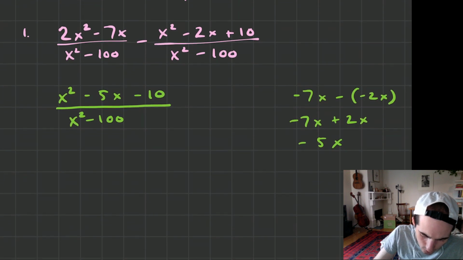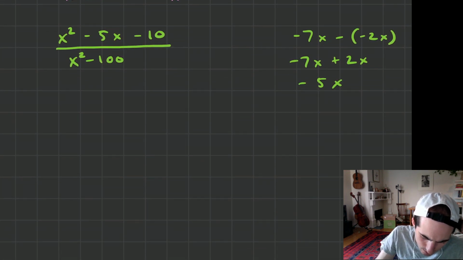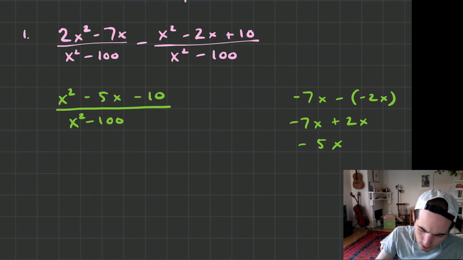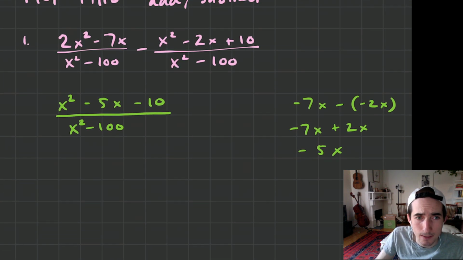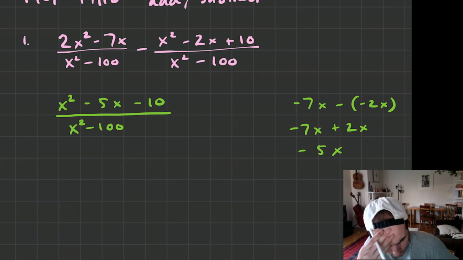We're looking for two numbers whose product is negative 10 and whose sum is negative 5, if we were to factor that. I don't know if we can. Did any of you get anything here? Did you do anything different, or is this just a messy question?